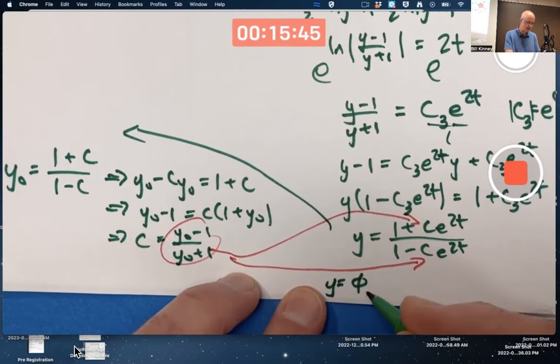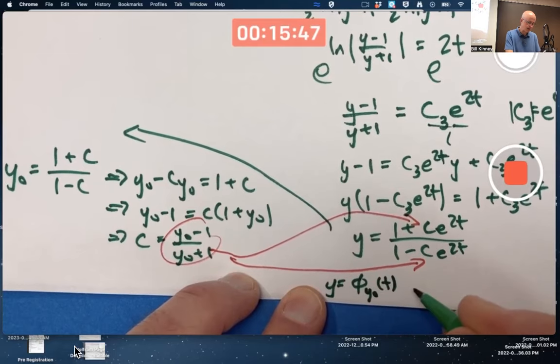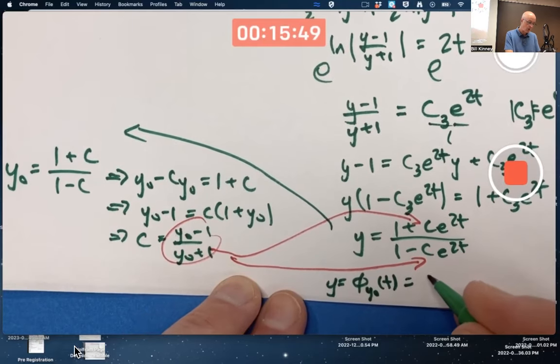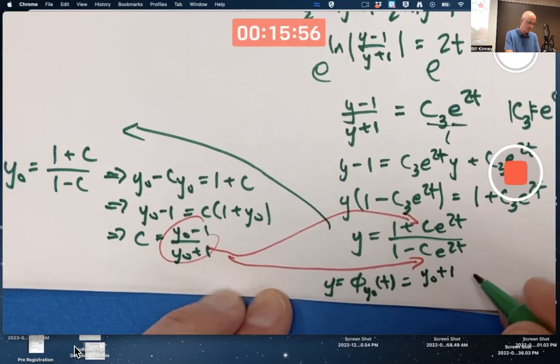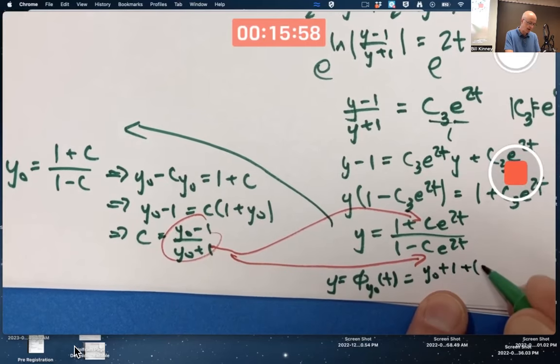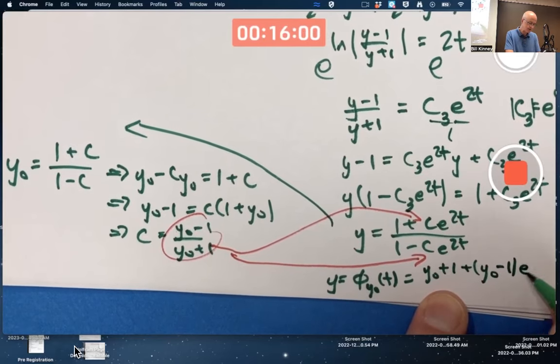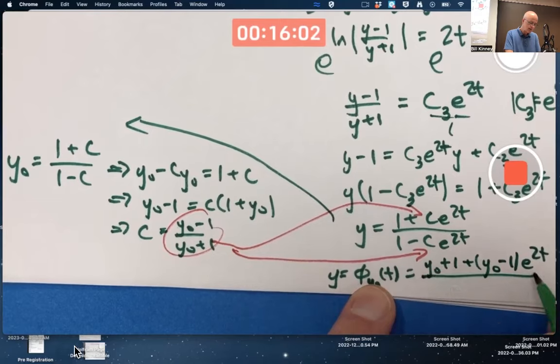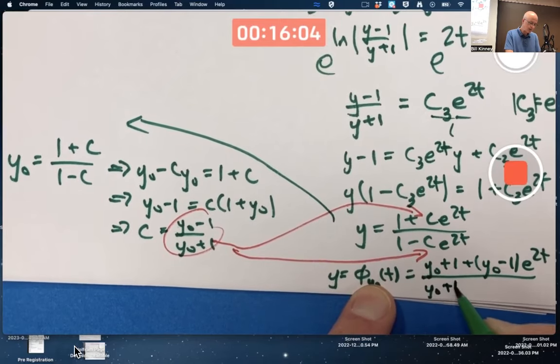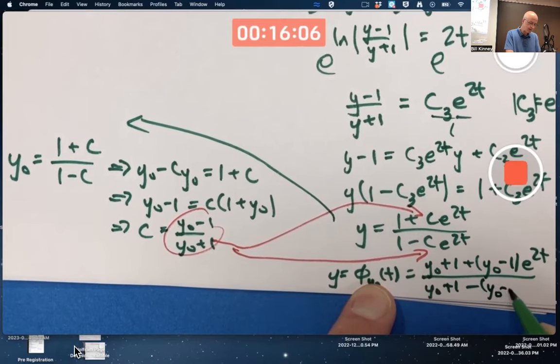And if you want to use the phi notation, not that anybody probably did, what it looks to me like you'll get, I'm doing a bunch of calculations in my head here, is y naught plus 1 plus, in parentheses, y naught minus 1 times e to the 2t, divided by y naught plus 1 minus, in parentheses, y naught minus 1 e to the 2t.